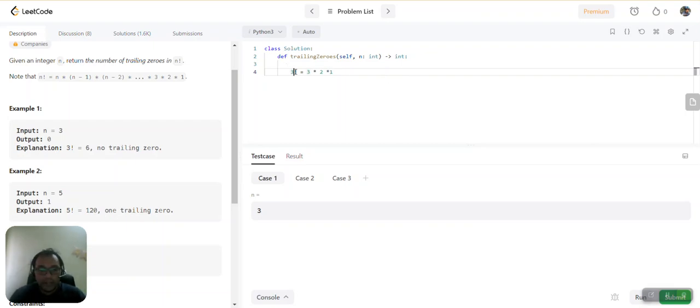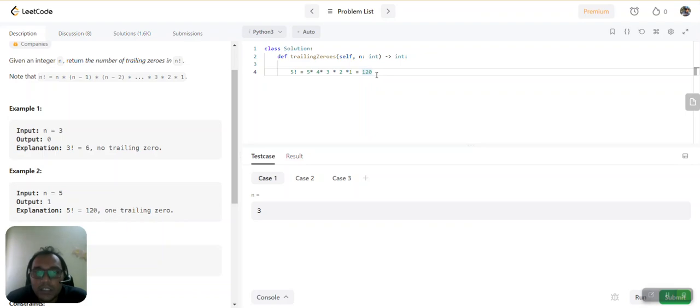For example, if I write 5 factorial, it would be 5 into 4 into 3 into 2 into 1, which is 120, and in 120 we have a trailing zero.